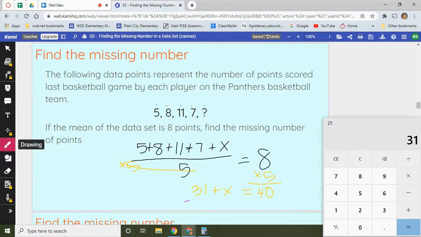How do we get rid of an add 31? Do the inverse of subtract 31. So x equals 9. Check it. 5 plus 8 plus 11 plus 7 plus 9 divided by 5 numbers gets me a mean of 8.